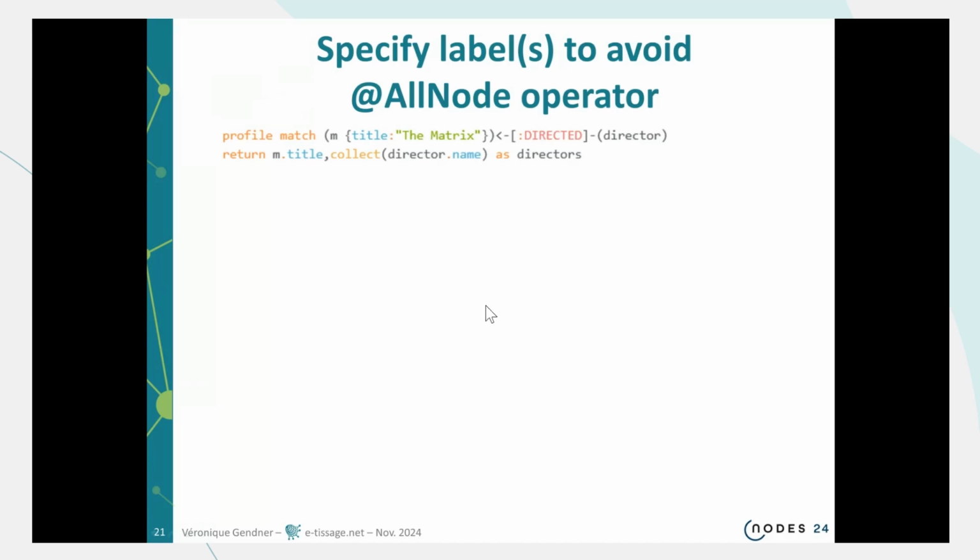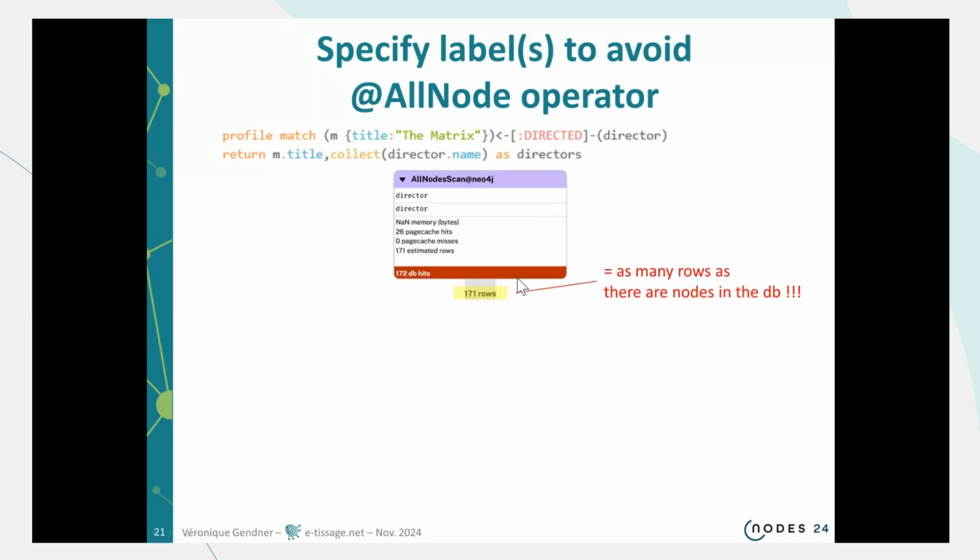First, because if you do not specify a label, the only choice the planner has to find anchor nodes is to use the all nodes scan operator. In this case, we can get away with it because it's a toy database with 171 nodes, but in a real-life database, you do not want the first operator to generate as many rows as there are nodes in the database.